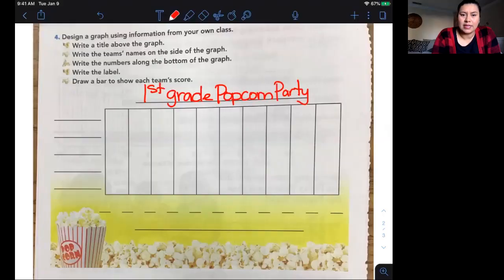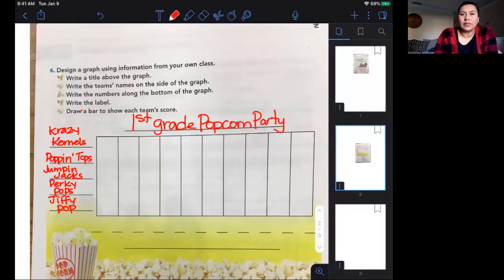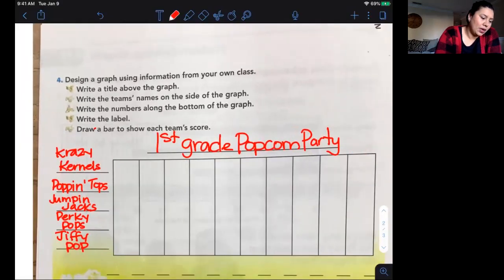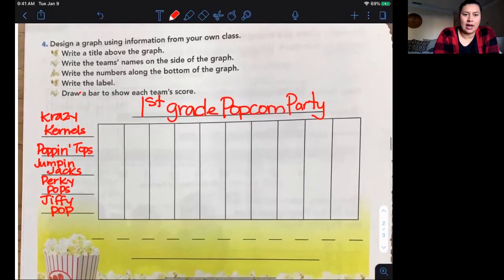We're gonna just do the same names that they have on the front: Crazy Kernels, Poppin' Tops, Jumpin' Jacks, Perky Pops, and the Jiffy Pop. Let me go back to show you where, so you guys can copy it down on yours. And then on the bottom, we'll write the numbers together. Okay, there it is. All right, so you can go ahead and copy those down.